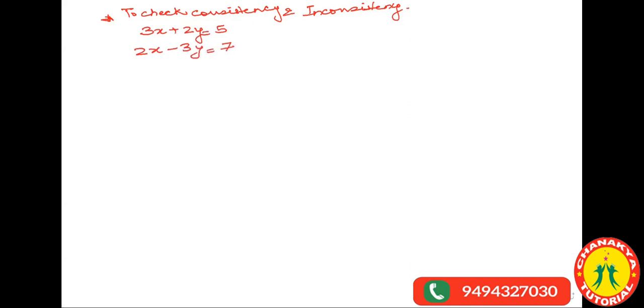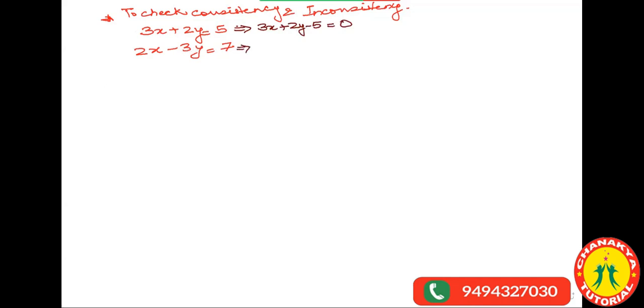So Aman, unmute yourself. Tell me how we will write this equation in standard form. Ma'am, 3x plus 2y minus 5. Good, beta.